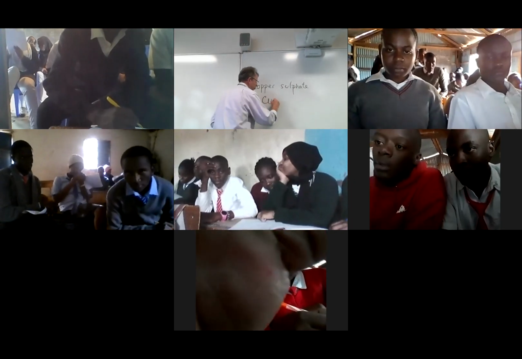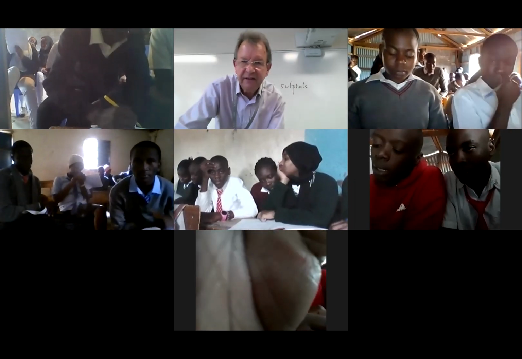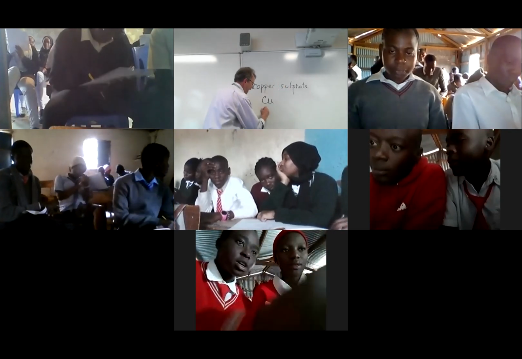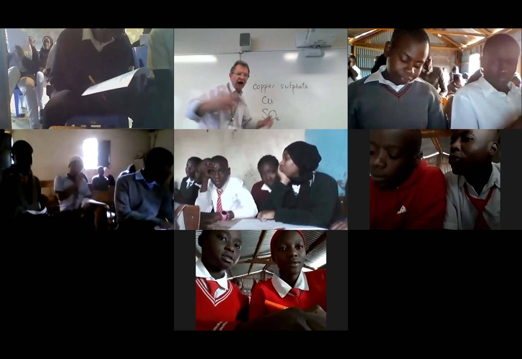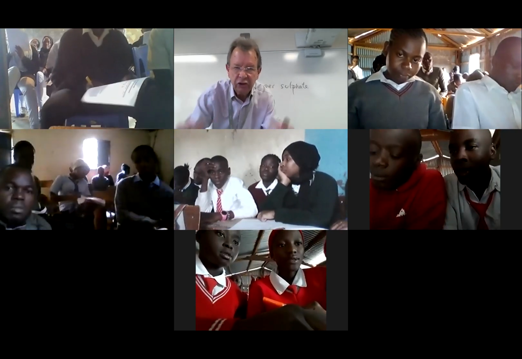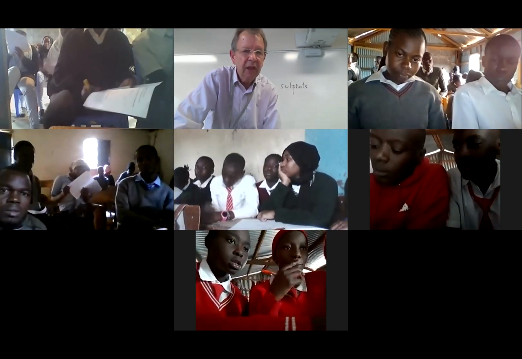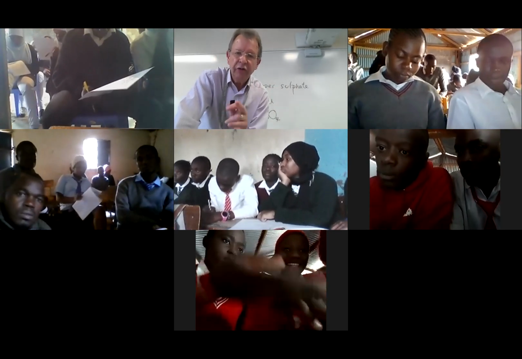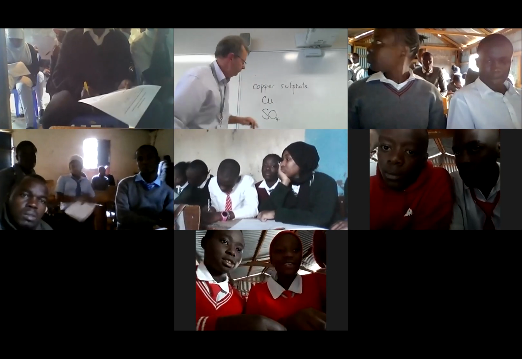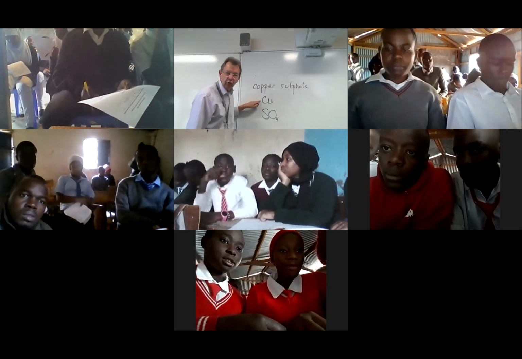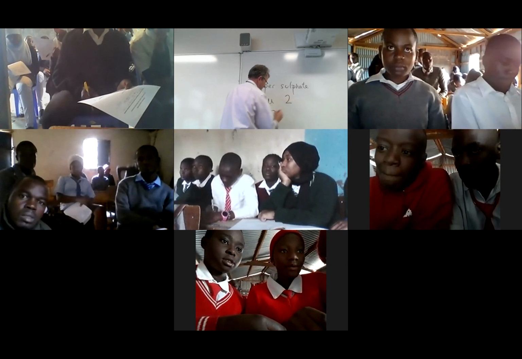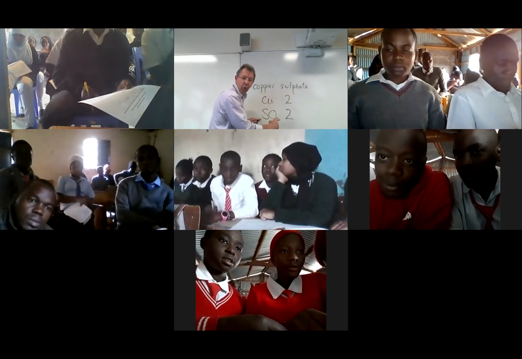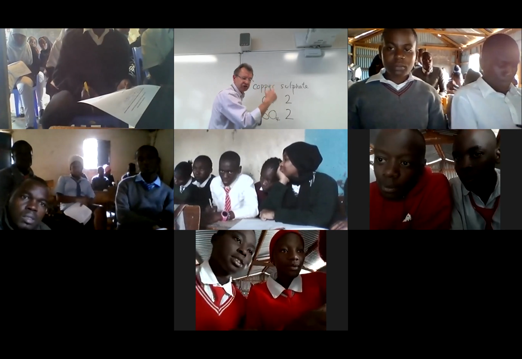So I've got Cu, and sulfate is sulfur with oxygen. Sulfate is SO4. I don't know what SO4 is. It's not in the periodic table. So there are some you have to remember, and I'm going to show you the way to remember these. This one is actually 2, and this one is 2.